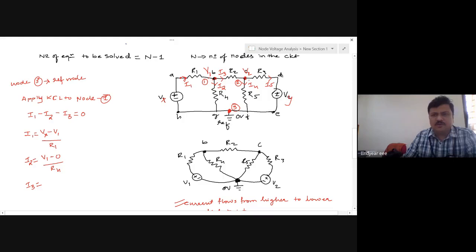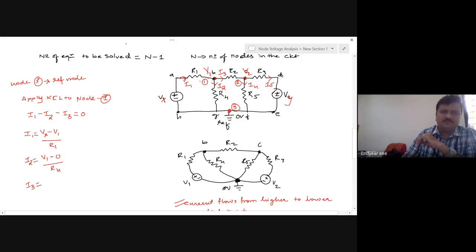It is flowing from V1 to V2. Now, with respect to I3, see, for I1, V1 is at lower potential point when compared to Vx. For I3, V1 is at higher potential point when compared to V2. This is still arbitrarily assigned values. Okay, with this, we have to continue the analysis.